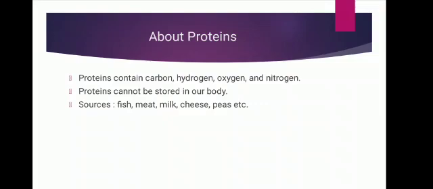Proteins contain carbon, hydrogen, oxygen and nitrogen. Okay. Protein cannot be stored in our body, so it is necessary that we take protein in our diet on a regular basis. The sources of protein are fish, meat, milk, cheese, peas, etc.